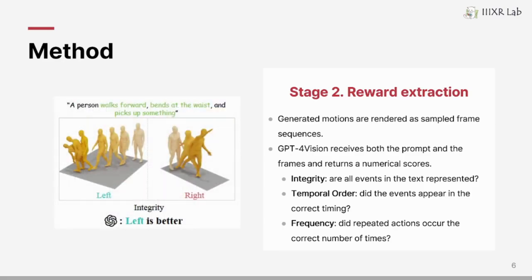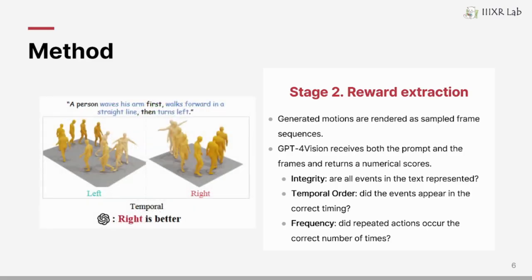The first is integrity, which checks whether all key actions mentioned in the prompt are actually present in the generated motion. The second is the temporal order, which evaluates whether those actions are performed in the correct timing.